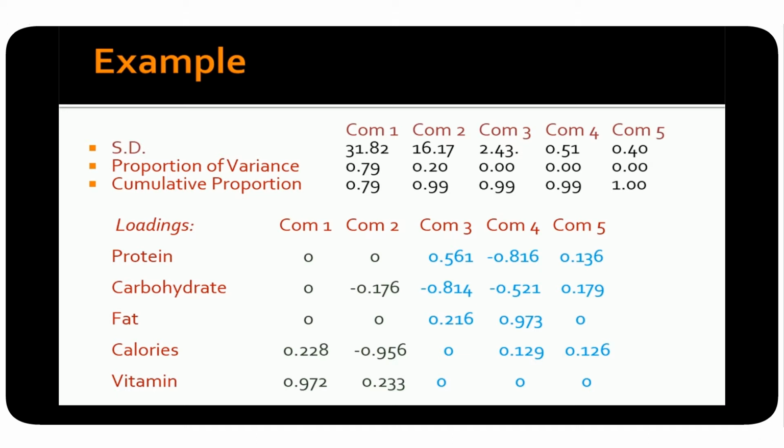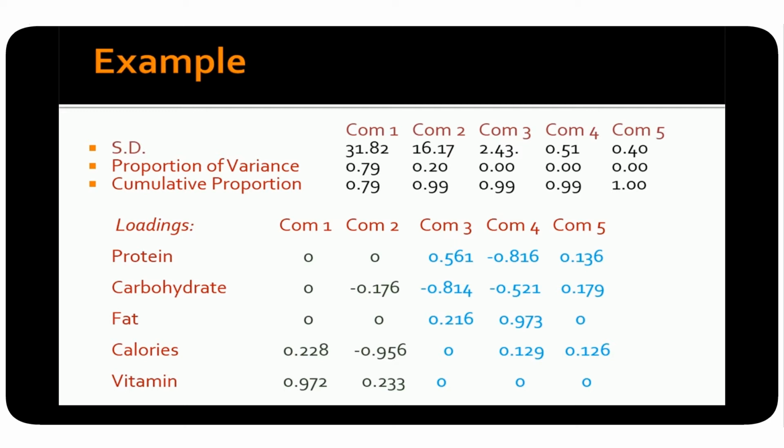So, the problem is, should we be looking at all these 5 different factors like proteins, carbohydrates, fats, calories, or vitamins to explain any one of the cereals, or can we reduce it to a lesser number of variables?